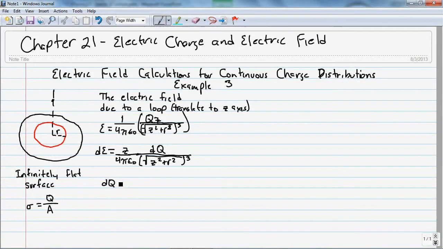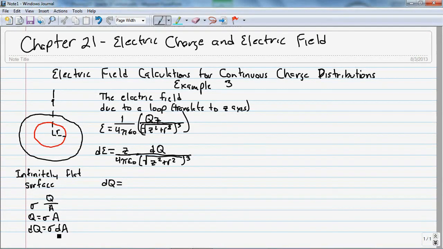Now I need to find my differential q. If I take a look at this formula, Q is equal to sigma A, and the differential charge dq is equal to, well, sigma is a constant, so I would have sigma times the differential area.